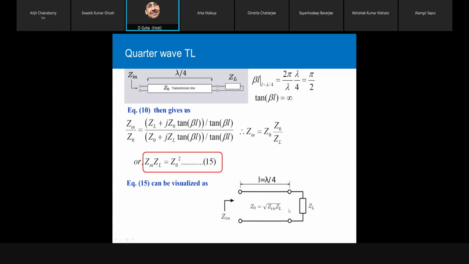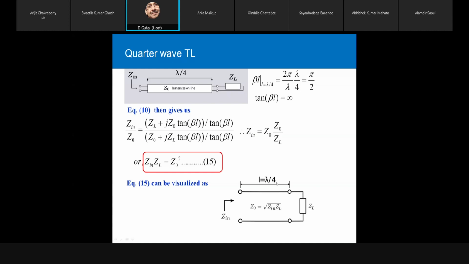What happened here? Here I have given a transmission line, because I know my problem, that I need some solution at some frequency and at some lambda. So the problem I'm going to solve, suppose it is 10 gigahertz or 1 gigahertz, whatever it may be. So once I know the frequency, I know my lambda.